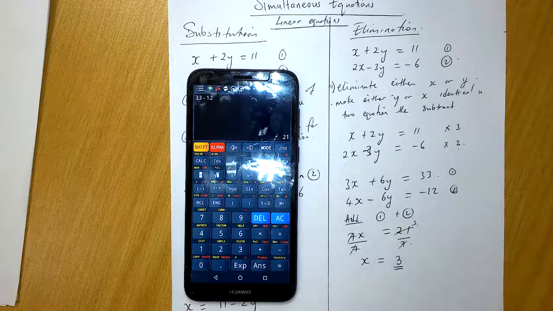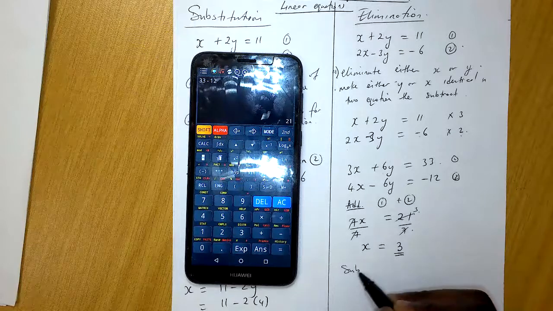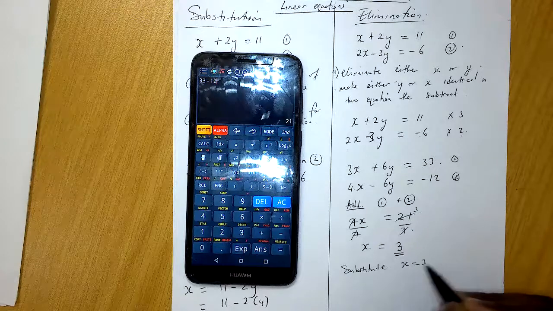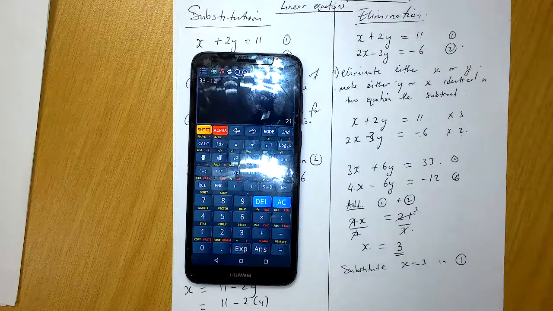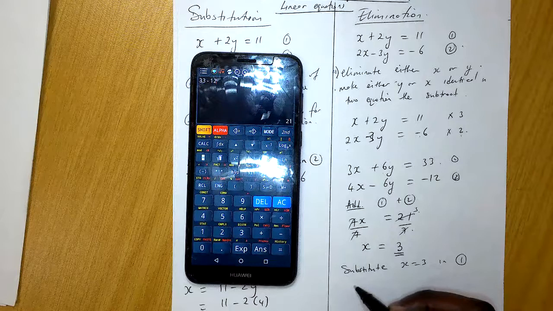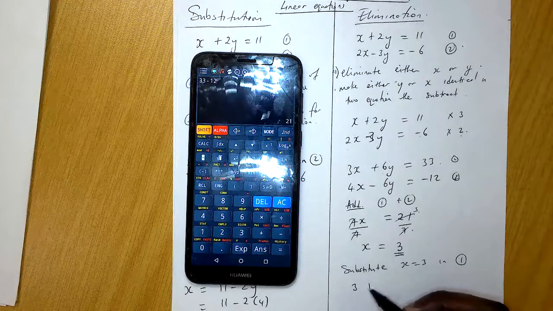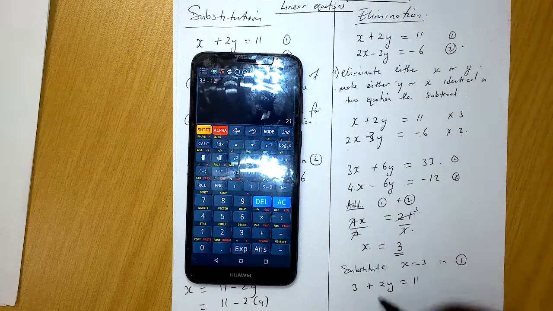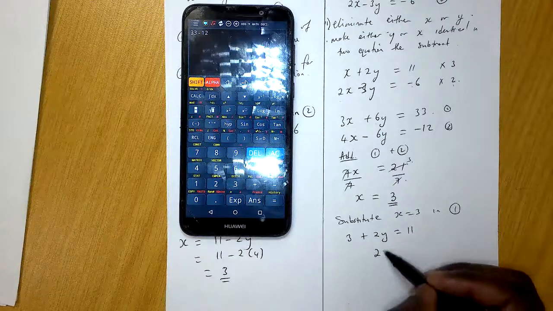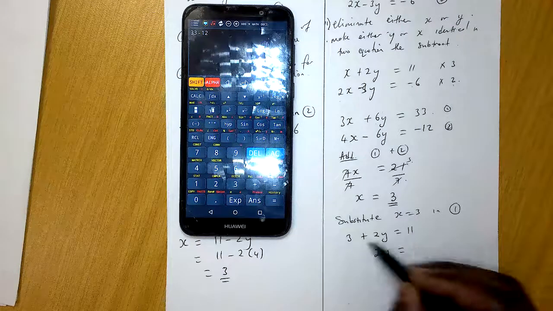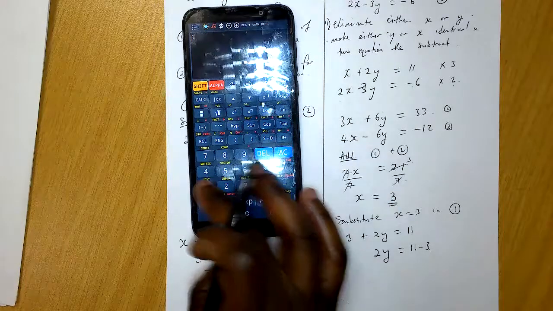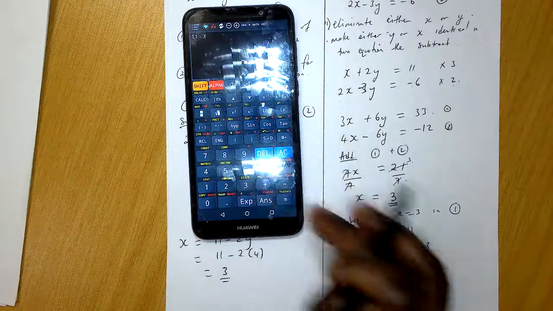Then we substitute in equation 1. It's going to be 3 plus 2y is equal to 11, then 2y is equal to 11 minus 3. 11 minus 3, you get 8.